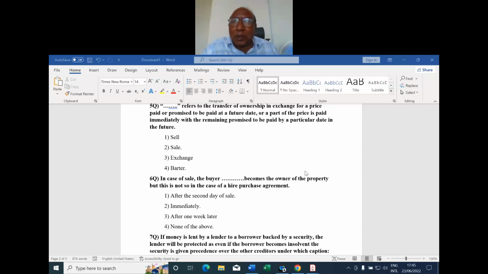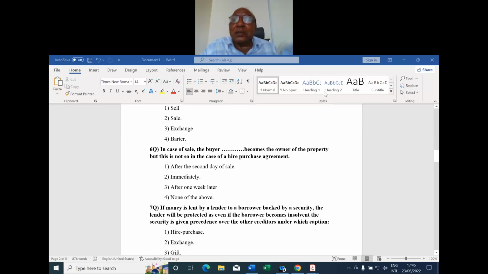And once all the payments are made, then bank will transfer the ownership in the name of the buyer. Right. Is it clear? Yes, sir. In hire purchase, the purchaser is not the owner of the property until he clears all the premiums.